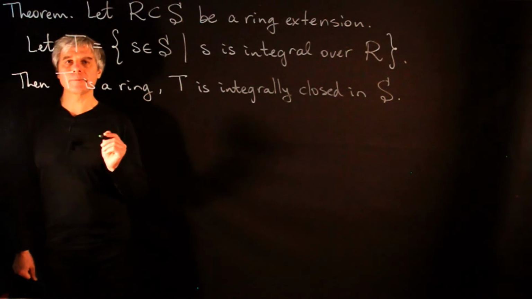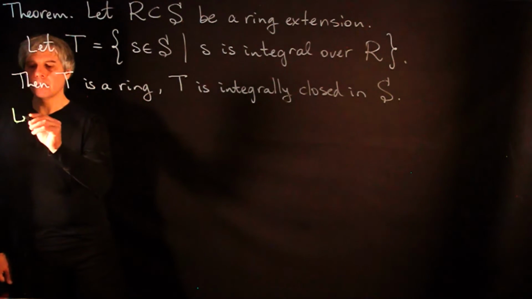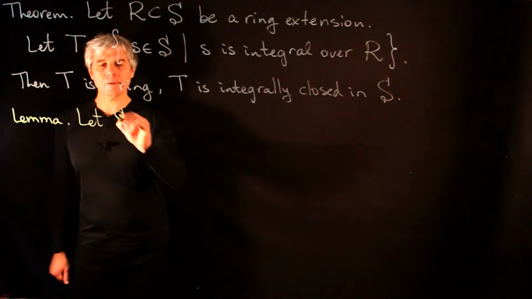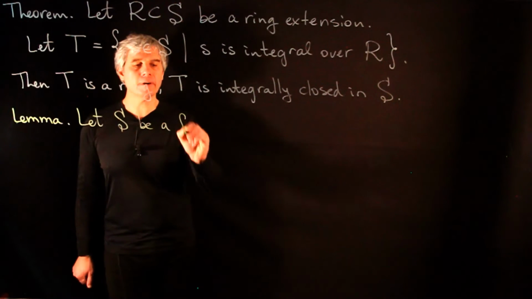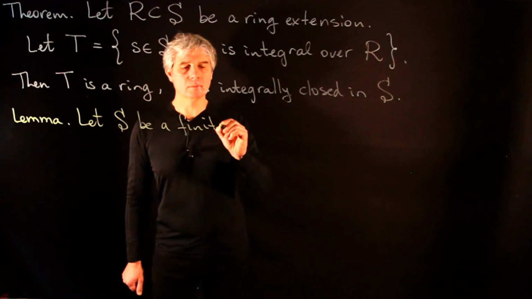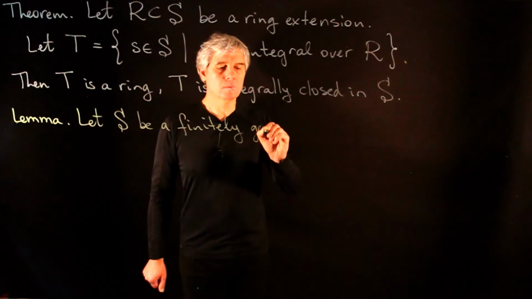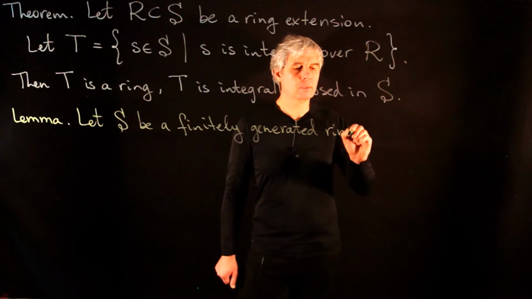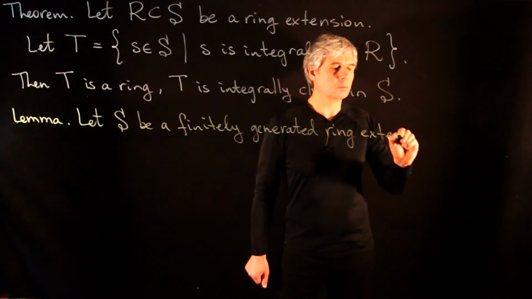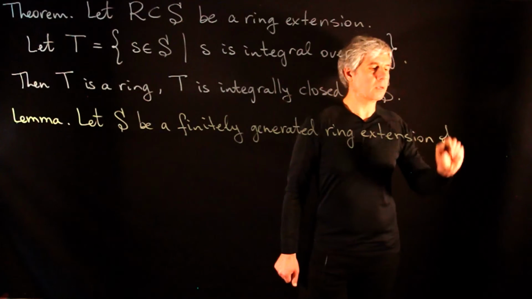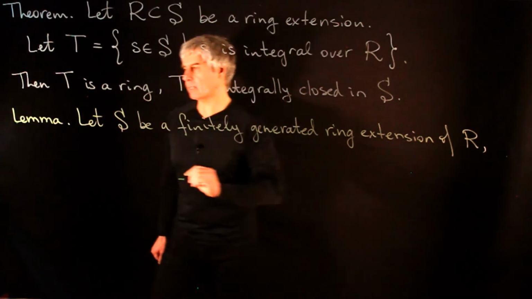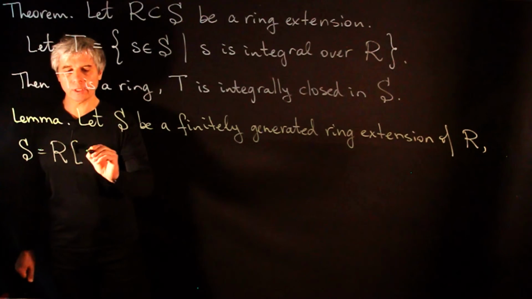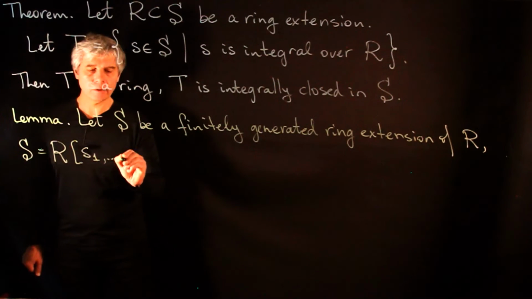The proof of this theorem is based on two lemmas. So the first lemma says: let S be a finitely generated ring extension of R. So that is S is equal to R adjoin elements s1 through sn.